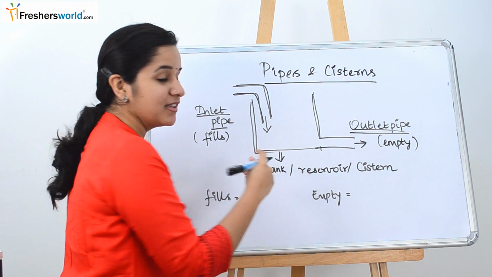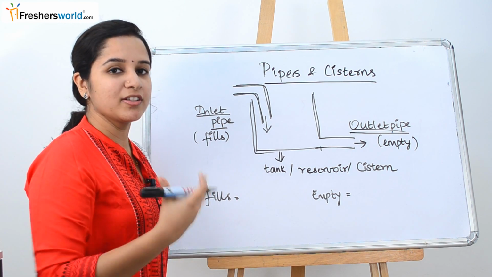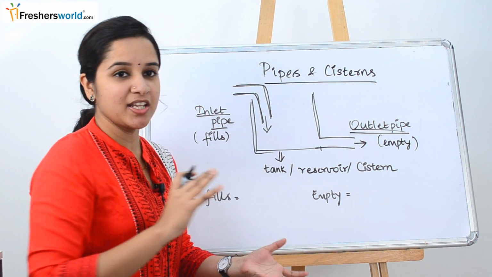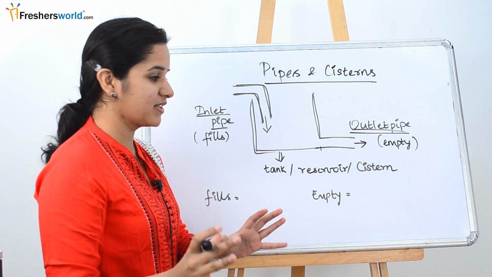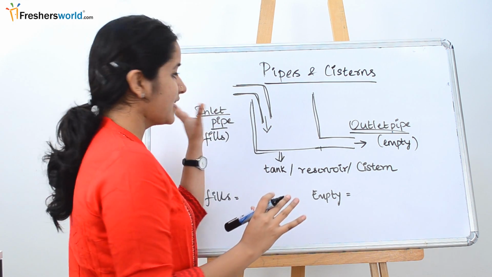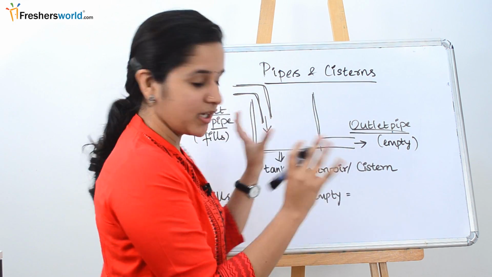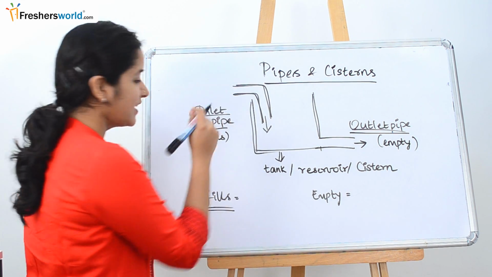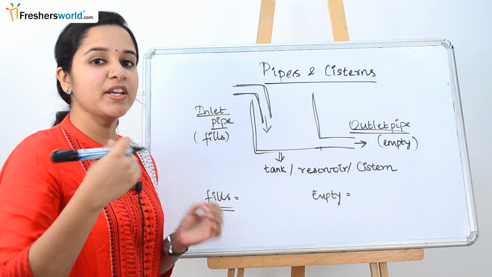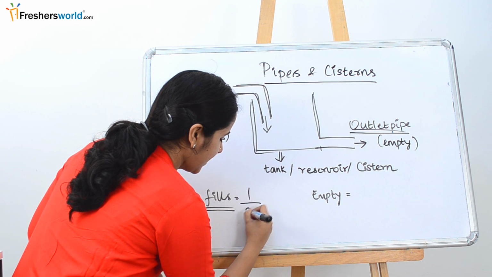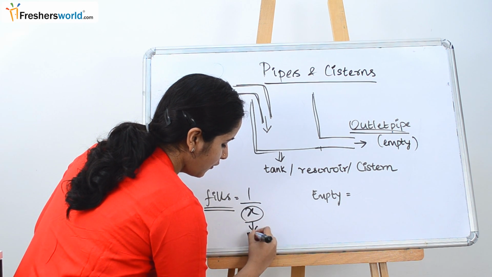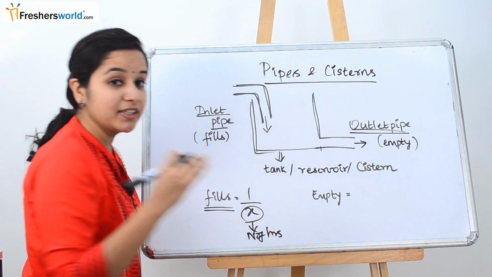This can either be a tank or a reservoir or a cistern. In your question they can change whether it's a tank or a reservoir or cistern, which all mean the same. It will always have an inlet pipe and an outlet pipe. The inlet pipe is the one that fills it. How do we denote it? We denote it as 1 by x. x is the number of hours that it takes to fill the tank.